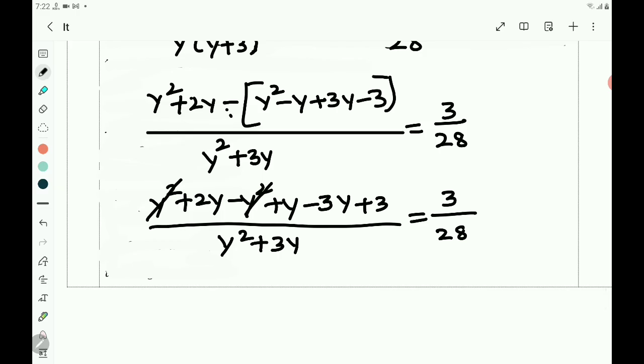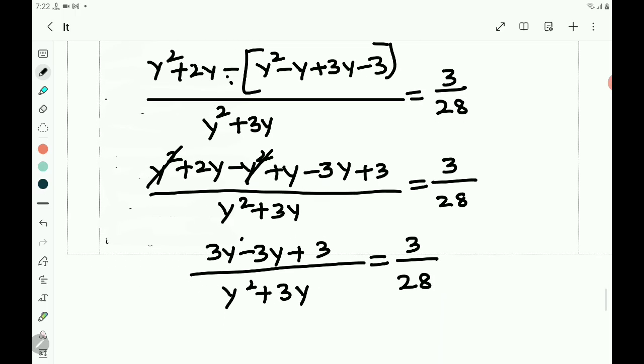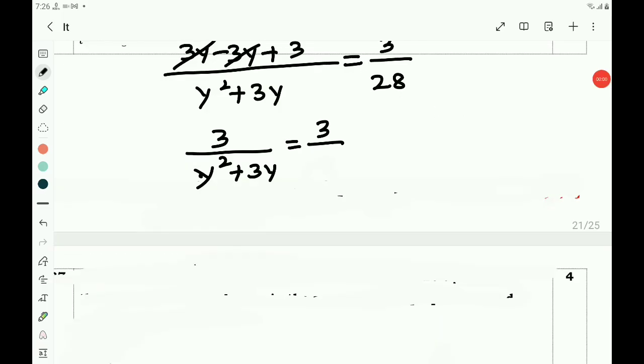Y square minus y square cancels. 2y plus y is 3y, minus 3y, plus 3, by y square plus 3y equals 3 by 28. 3y cancels, leaving 3 by y square plus 3y equals 3 by 28.